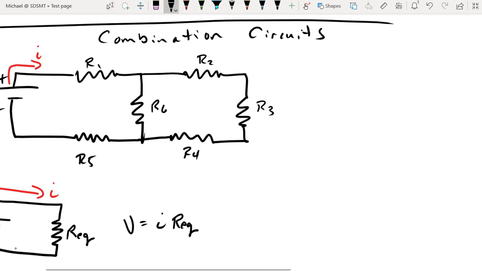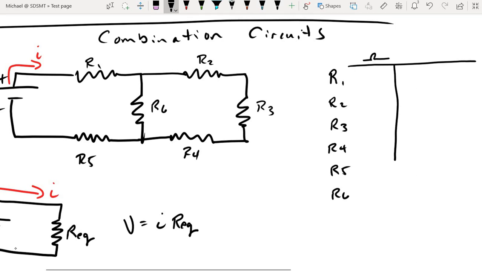And with that, I'm going to put our resistor values over here. And I'm gonna make myself a table. I'm going to put the actual values of the resistors in the first column.